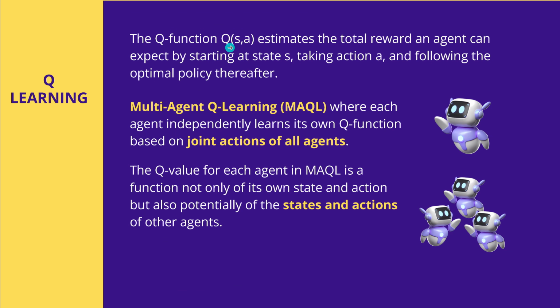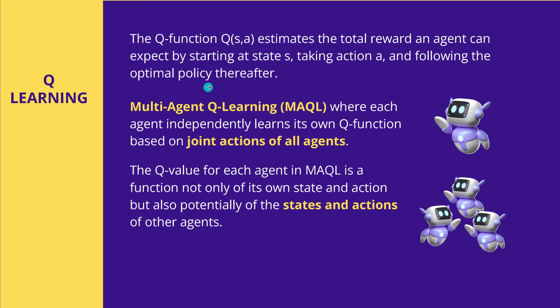Now this Q function, Q state and action definition, defines the total reward an agent can expect by starting at a state S, taking a specific action A out of a set of different actions, and following the optimal policy thereafter.